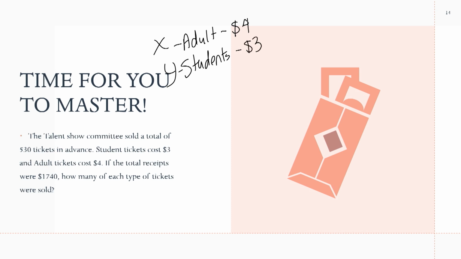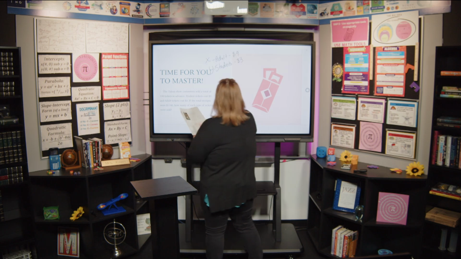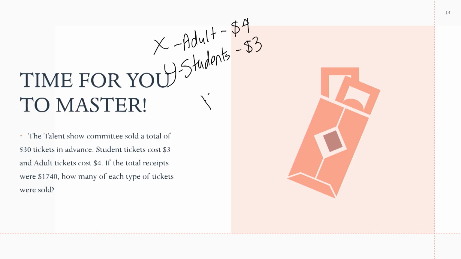So I'm going to write an equation. I have my X plus my Y, my adult plus my student tickets, equal 530. Then I have 4 per adult plus 3 per student equals 1740.